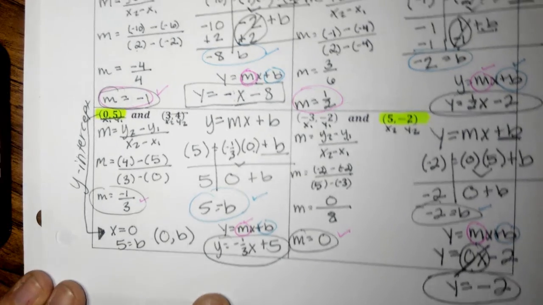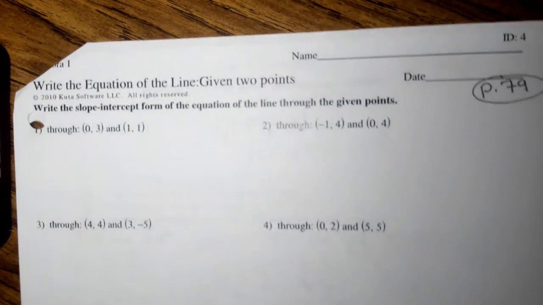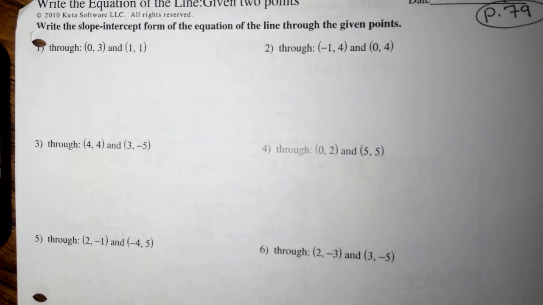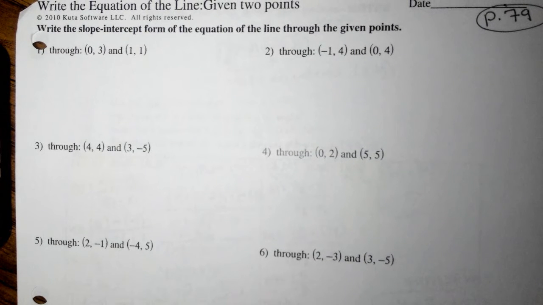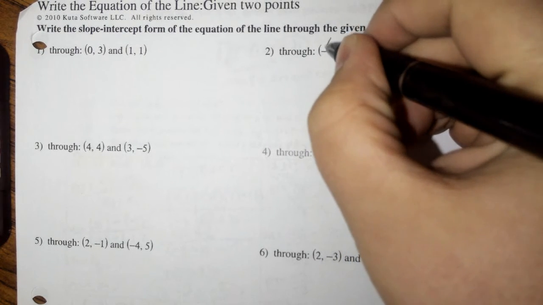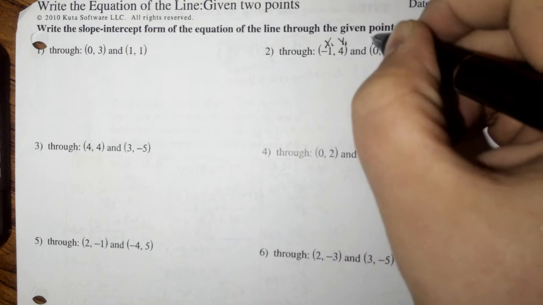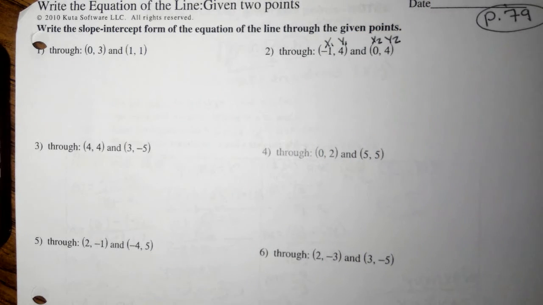That was page 78. If you flip to page 79, I'd like to get you started on one of the homework problems. Looking at number 2 on the homework. Let's first label this x1, y1, x2, y2.